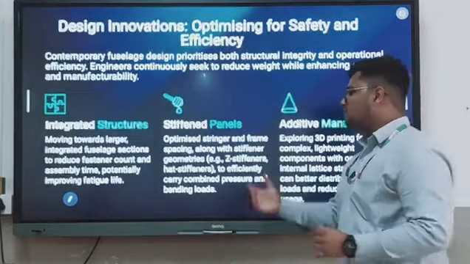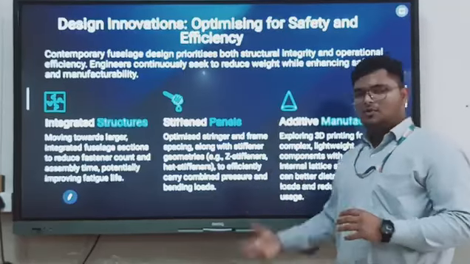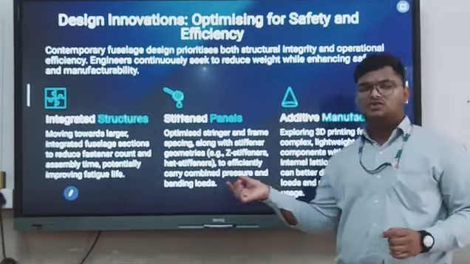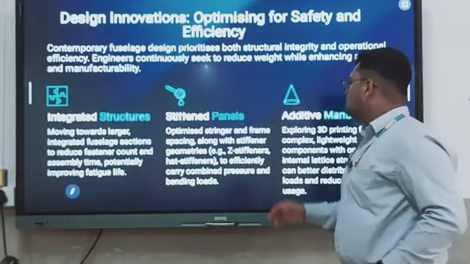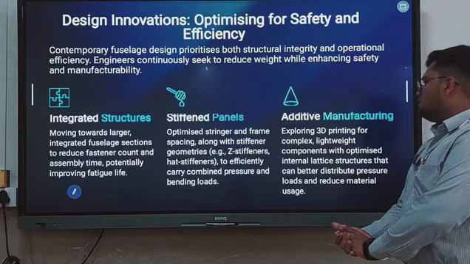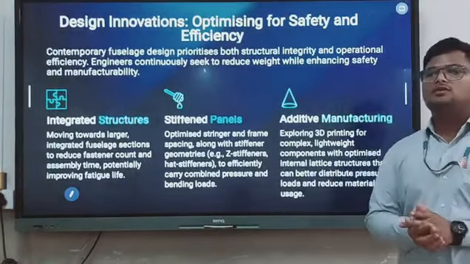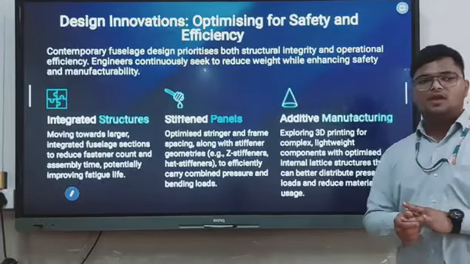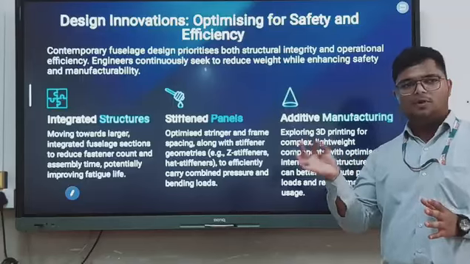Then we have stiffened panels. They optimize stringer and frame spacing along with stiffener geometries, for example Z stiffeners or hat stiffeners. This can efficiently carry the loads. Then we have additive manufacturing, that is 3D printing. Nowadays 3D printing is widely used to make parts because it is made from scratch and it is a single part.